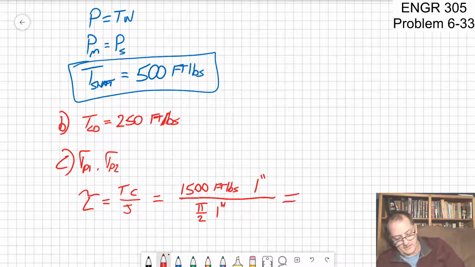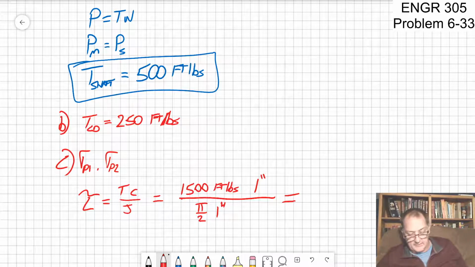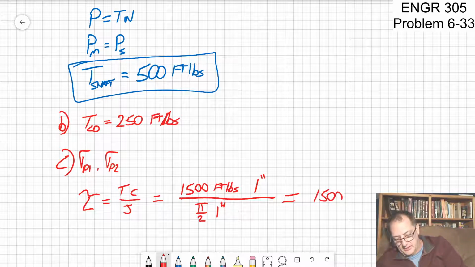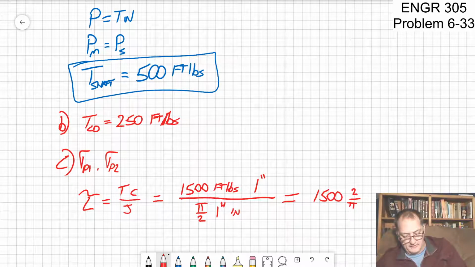So my torque is 1,500 times 2 over pi. I've got inches to the 4th here, so that cancels with that.